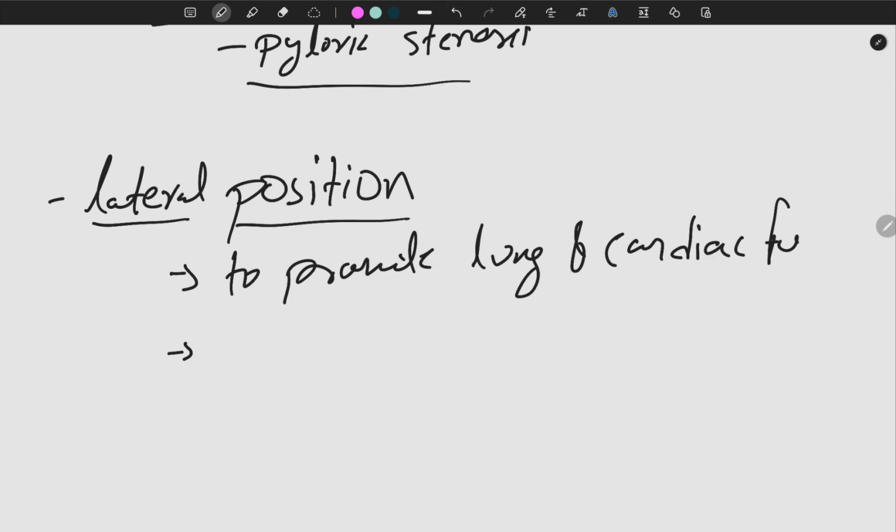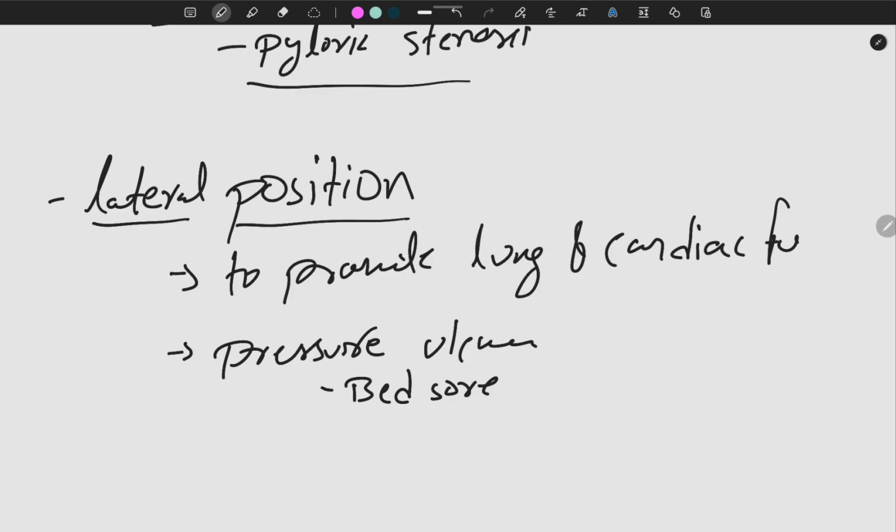We can also advise this position when the patient is at risk for pressure ulcers, that is bed sores, when the patient is at high risk for bed sores at the sacrum.